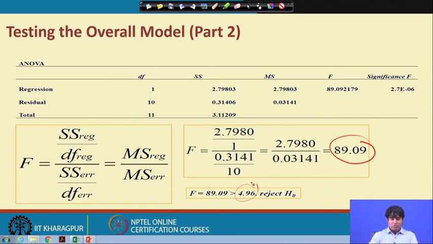So, we will reject the null hypothesis and come to the conclusion that this model is fine with the goodness of fit test and the specification test. With this we will stop here, and we will continue this discussion in the next lecture. Thank you very much.